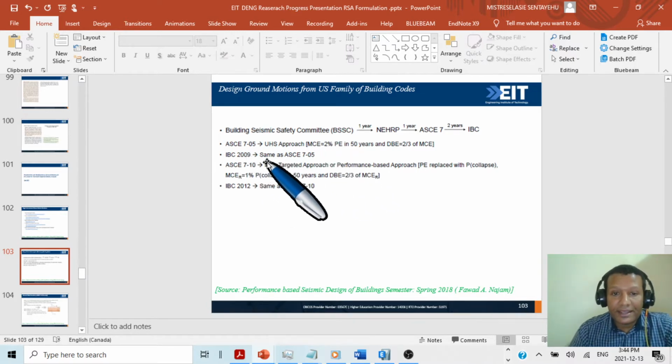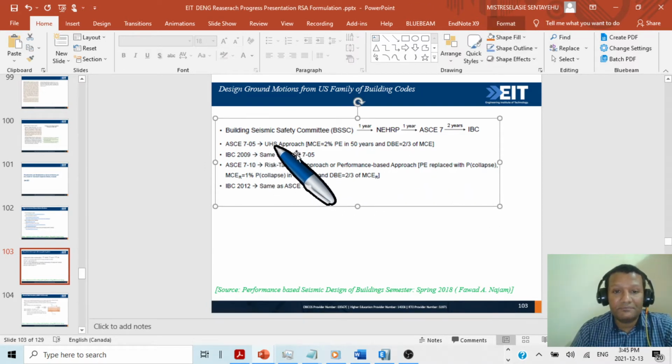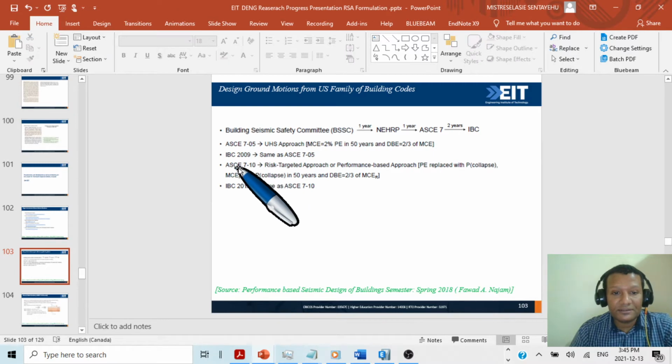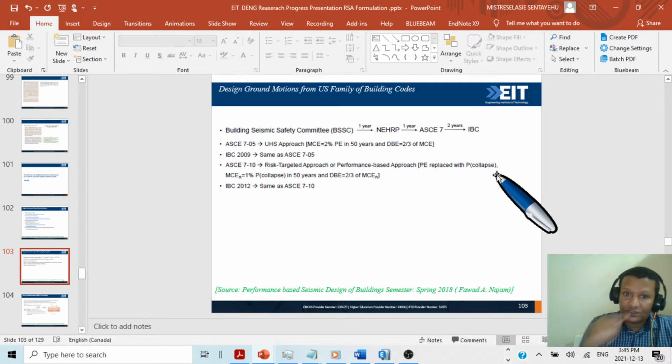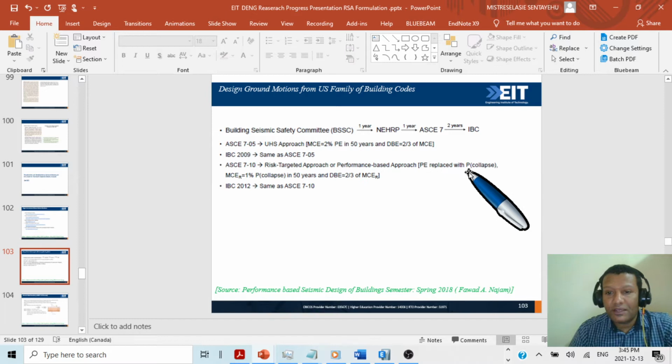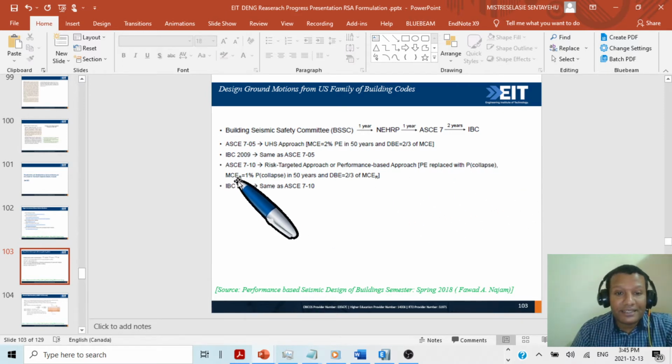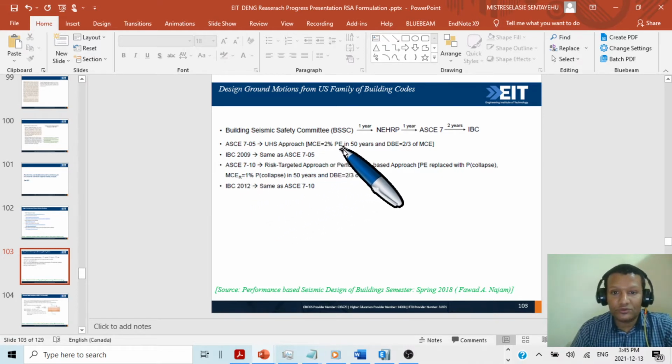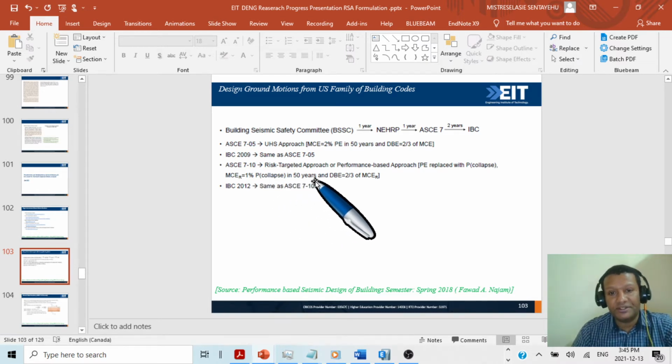IBC 2009 is the same as ASCE 7-05. These are the same, but starting from ASCE 7-10, the risk-targeted approach, or performance-based approach, was introduced. So PE was replaced with P collapse. MCE R risk is equal to, instead of 2% PE in 50 years, 1% P collapse in 50 years.